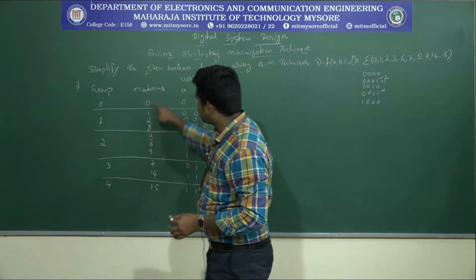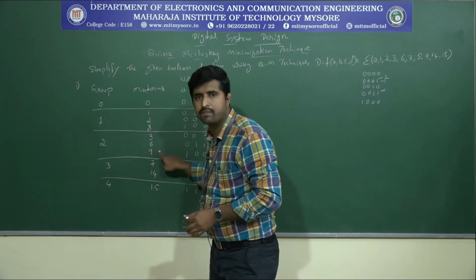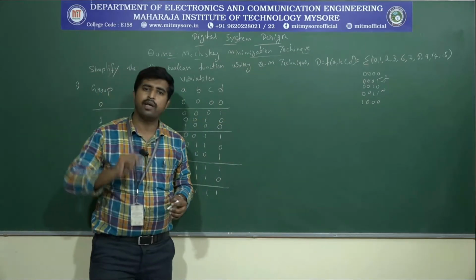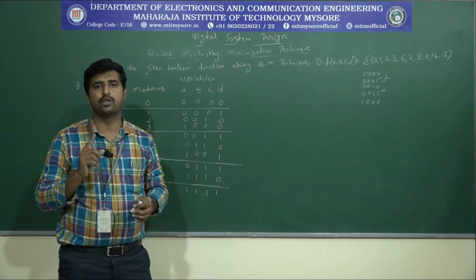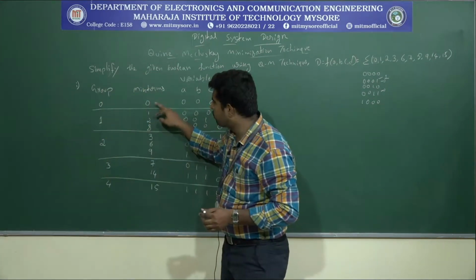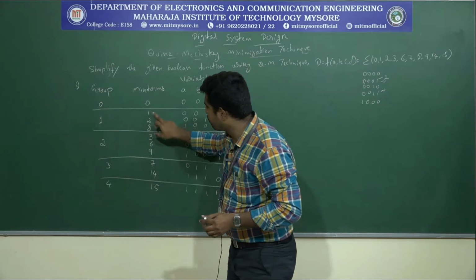So here we have taken the min terms that are 1. Now we need to group the min terms to form 2 min terms in one group. So one group should contain 2 min terms. That means we need to group 0 with 1, like that.